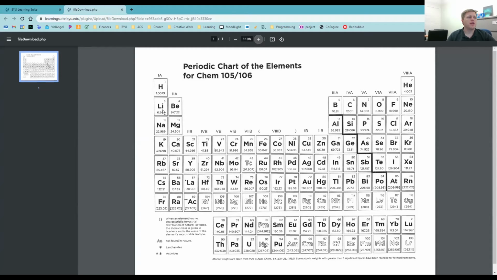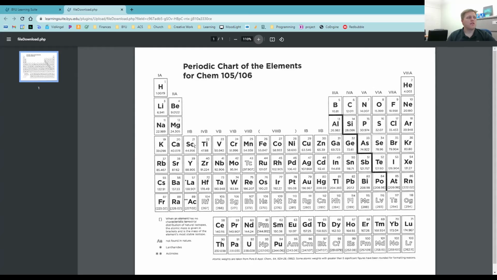Lithium has 3. It's going to put 1 in a 1s orbital, its second in a 1s orbital, and its third in the 2s orbital. So this line is the 1s orbital, 2s, 3s, 4s, 5s, and so forth. Right here is the 2p, 3p, 4p, 5p, etc.